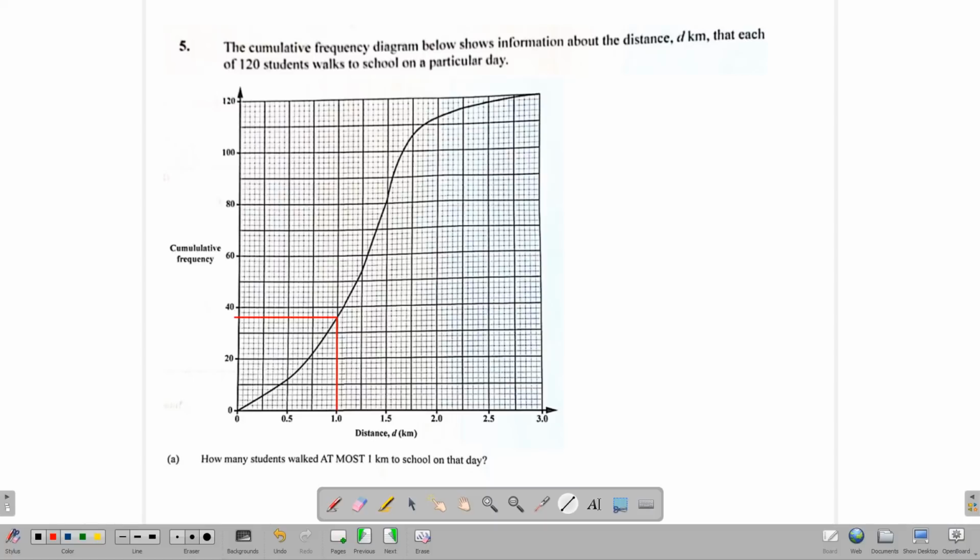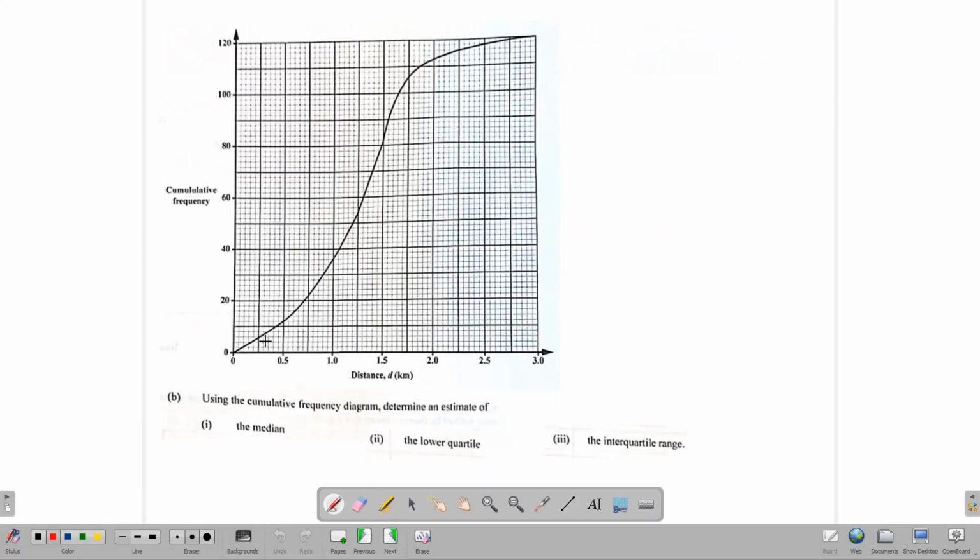So here we have it, and we would end up with 36. So this is 20, that's 10, that's 30, 2, 4, 6. So that's 36 when you read off that number there. And so that would tell us that 36 students walked at most 1 kilometer on that day.